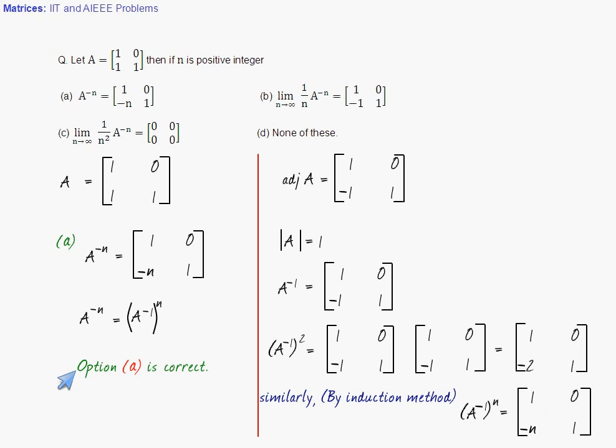Now from here I can proceed. If this is true, that means now I have the value of A to the power minus n. So choice B says we have to find the value of limit 1 by n, n tends to infinity, of A to the power minus n.